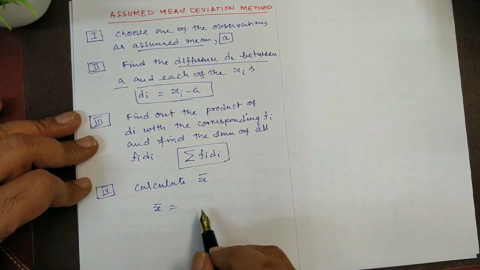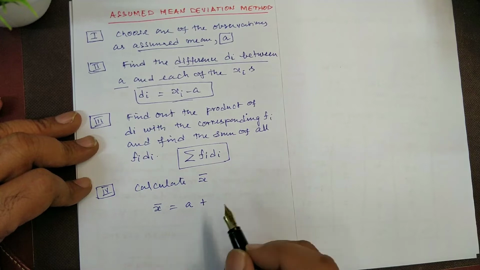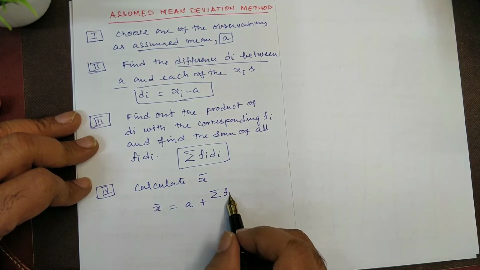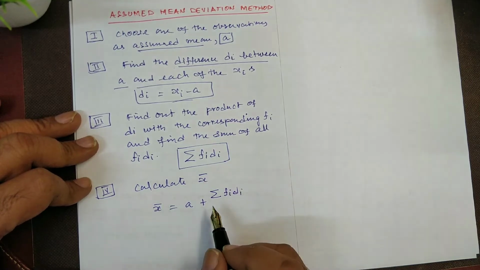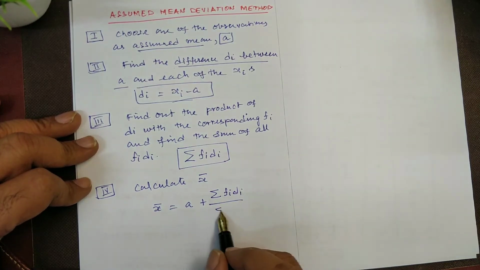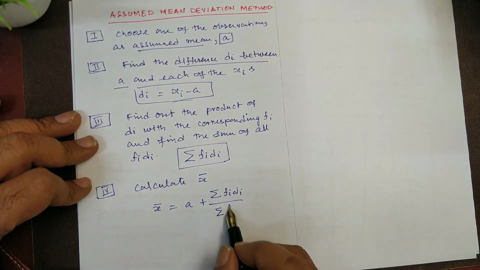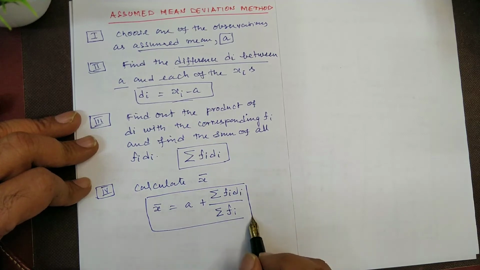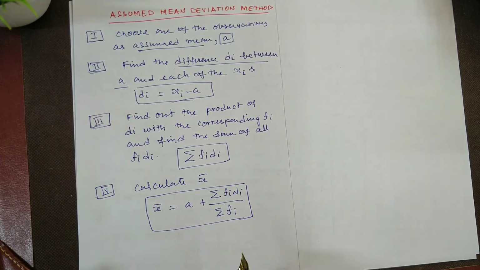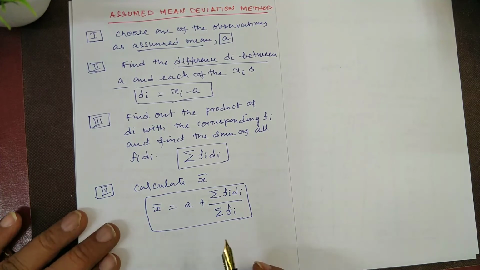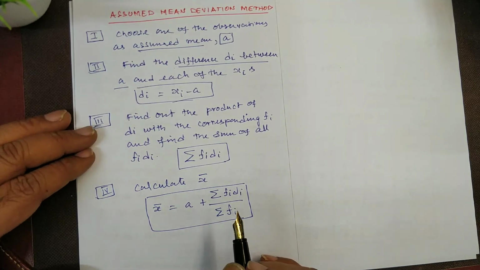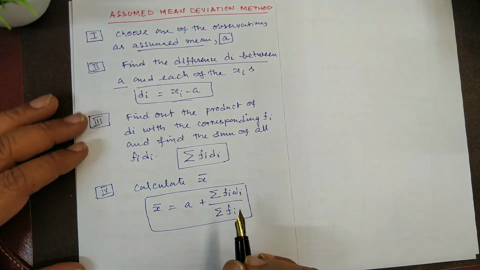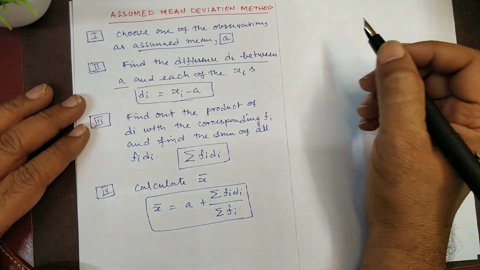X bar is equal to assumed mean A plus sum of the product of fi and di divided by the sum of fi. So we have to follow these four steps in order to find out the mean by assumed mean deviation method. Right. Now let us proceed with the problem.